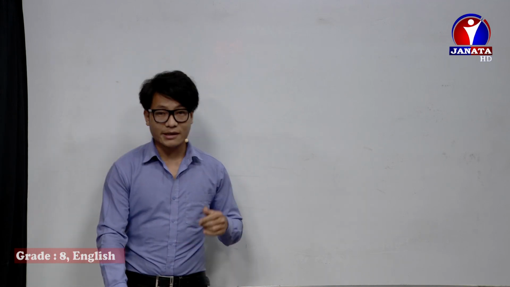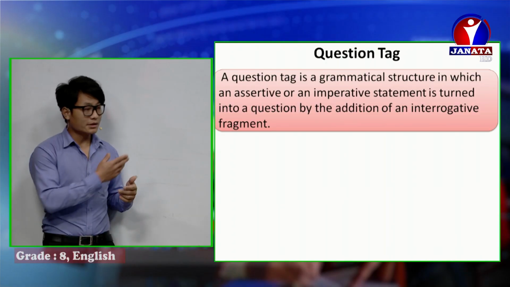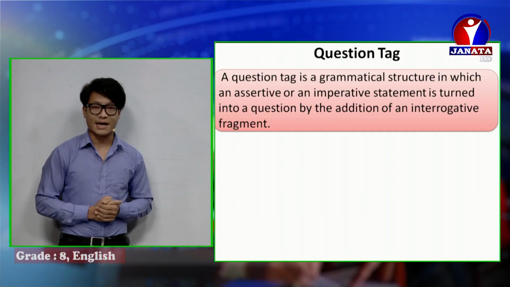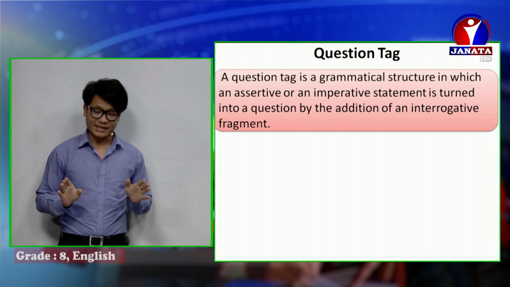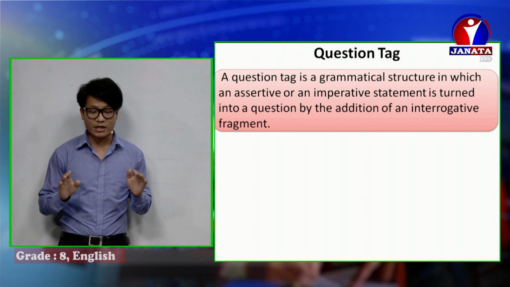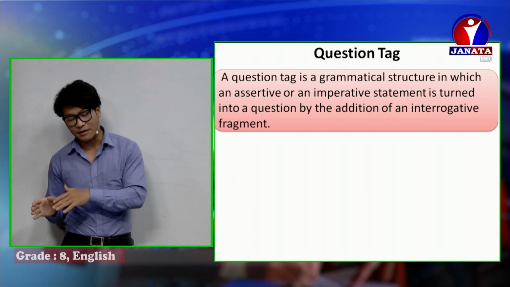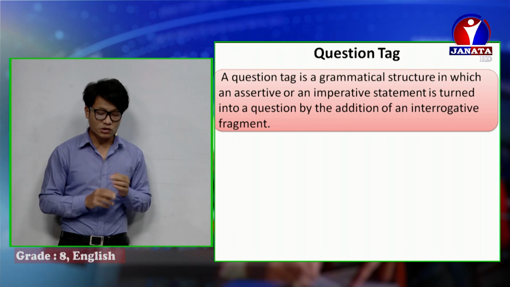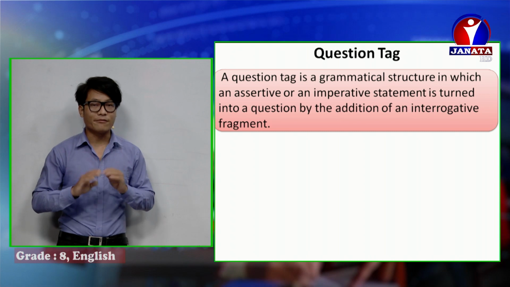So you can see at the screen, on this side, here is a short definition of a question tag. It shows that a question tag is a grammatical structure in which an assertive or an imperative statement is turned into a question by the addition of an interrogative fragment.